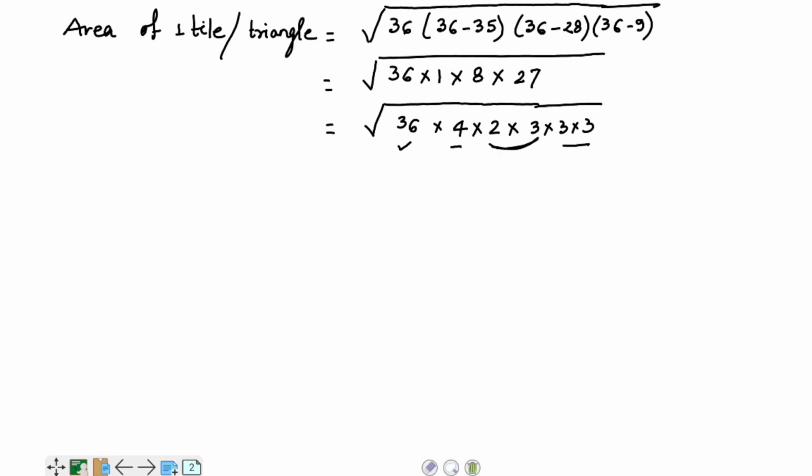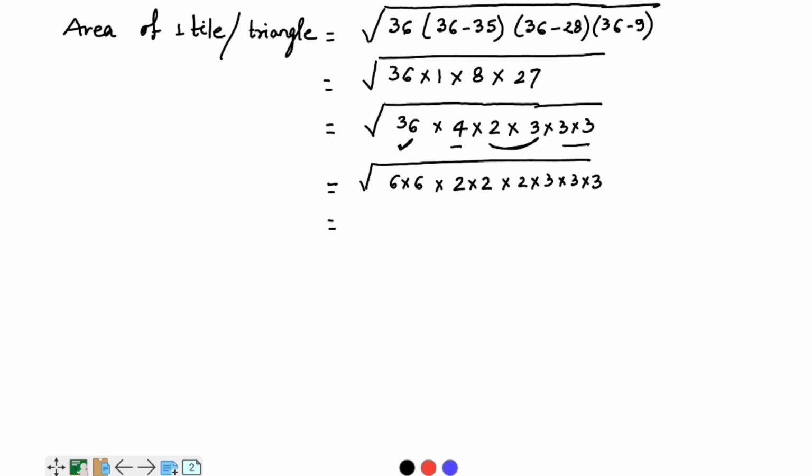So here we will have root over, let us break it out. 36 we write as 6 into 6, again 4 we write as 2 into 2, 2 into 3 is already here, and we leave 3 into 3 as it is. There will be no confusion in this. Now what will we do with this, we take one out from here, one from here, one from here. So it will come out 6 into 2 into 3 and root over 2 multiplied by 3, that will be equal to 36 root over 6.